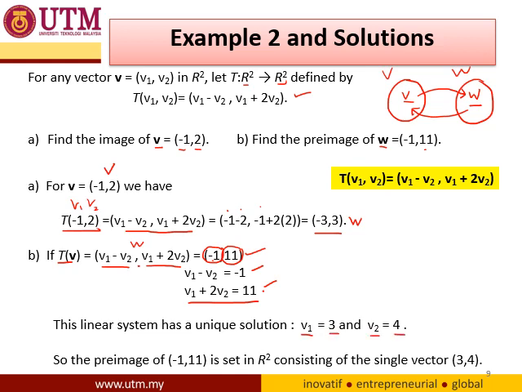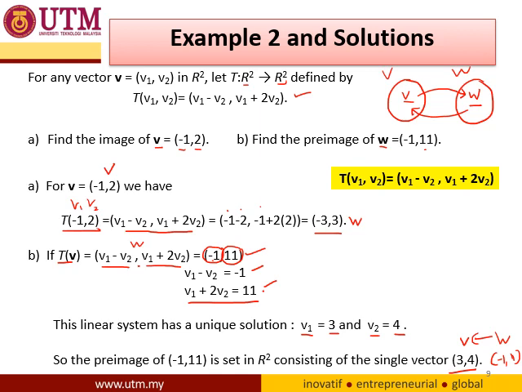So this is your V for the image of (negative 1, 11). This is the V that you need to find. Okay. So the pre-image of (negative 1, 11) is the set of R2 consisting of the single vector (3, 4). Alright.